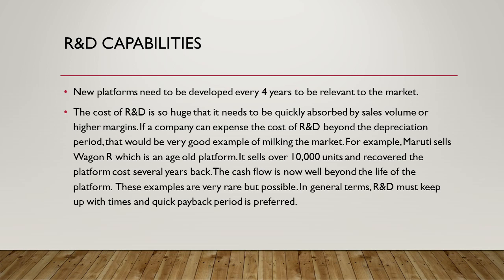That has become a norm these days. So the cost of R&D is pretty huge, and we want the payback period to be as minimal as possible. We want to get back everything that we put in for the product development. It's very rare to see cash flows coming in for a product that's very old. If you see such a product, then it is an extremity.